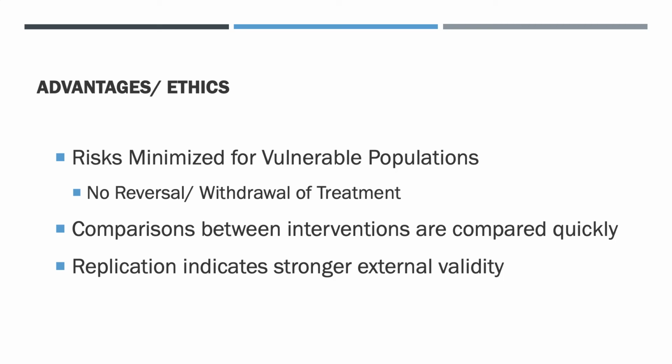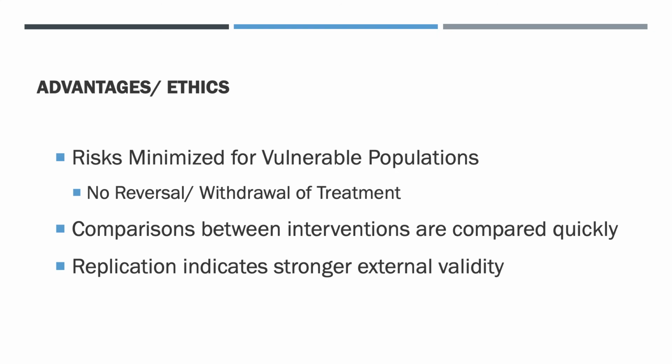But by not having to withdraw or reverse treatment, we increase the safety and the social validity potentially for the study. By using the alternating treatments design, we are able to quickly compare the 2 interventions, and you could potentially see pretty quick success without having to have quote unquote stable data.